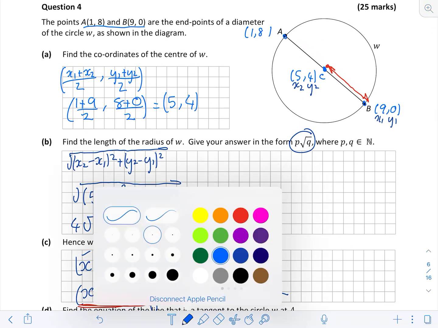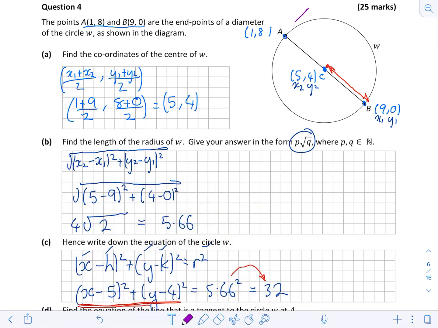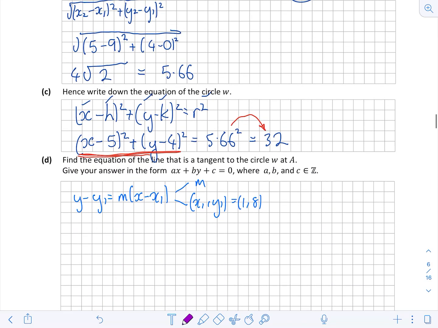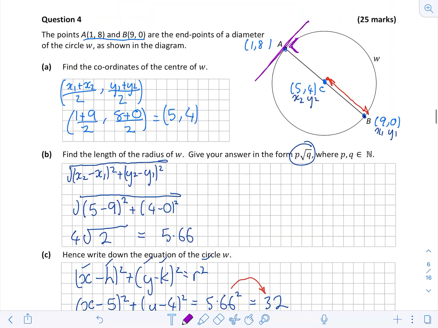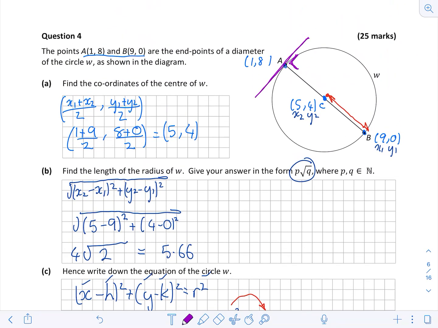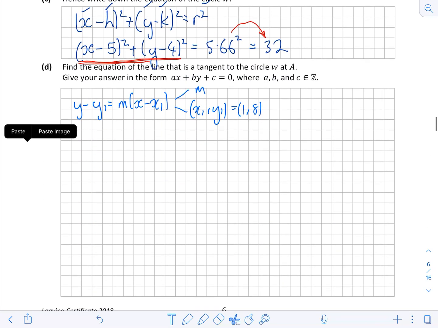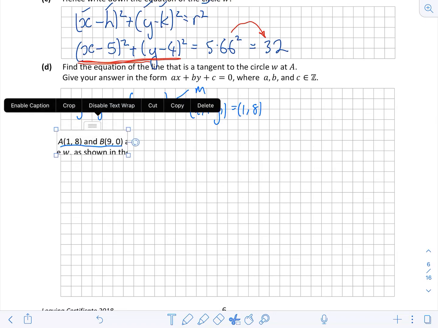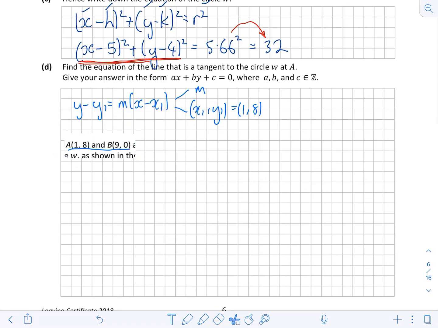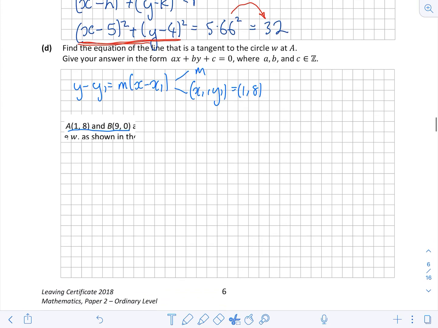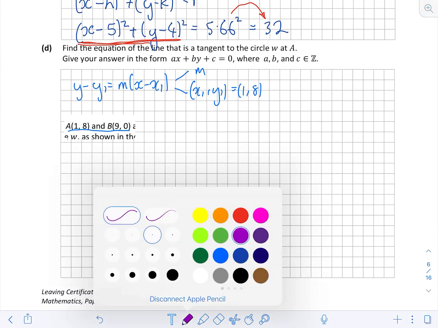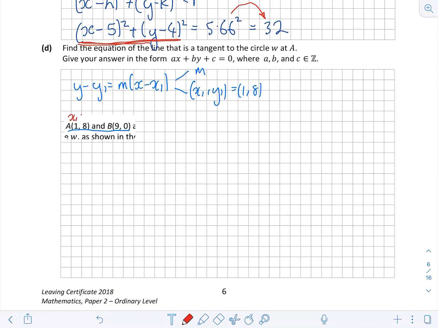We do, however, know that the tangent line that goes through A is going to be perpendicular to the line AB. So if I work out the slope of the line AB, I can then simply invert that slope, and that will be the slope of my tangent line. So let's work out the slope of AB. Let's call this guy here x1, y1, and this guy here x2, y2.